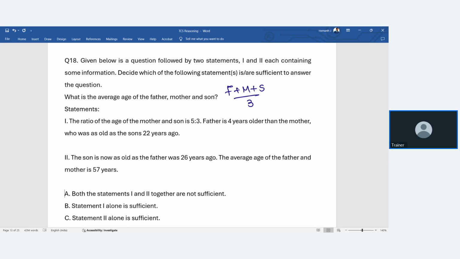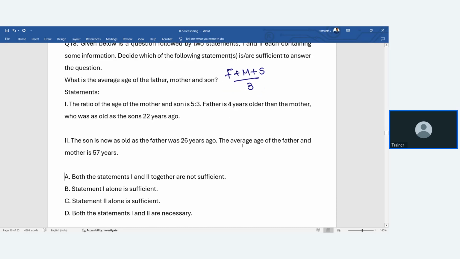Now, father is 4 years older than the mother, who was as old as the son 22 years ago. So, mother 22 years ago is equal to son age.